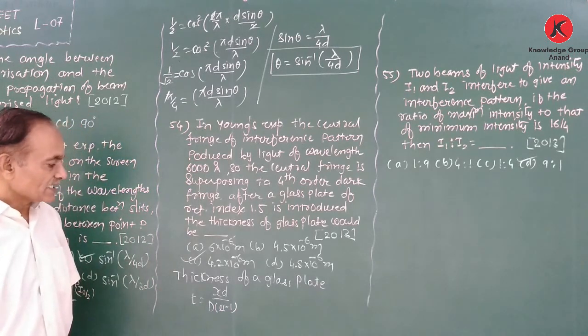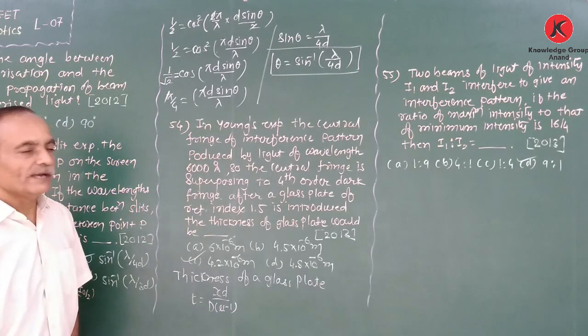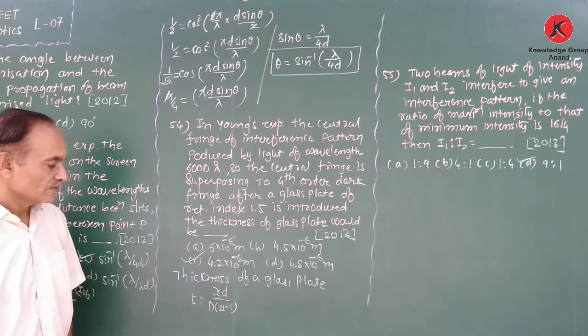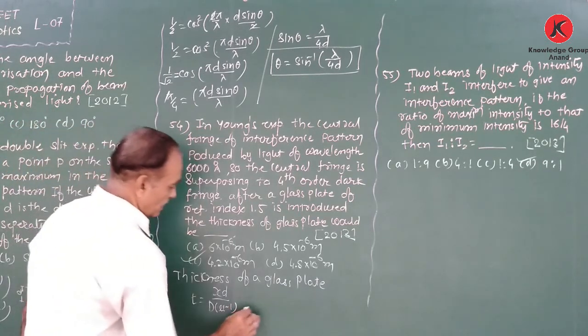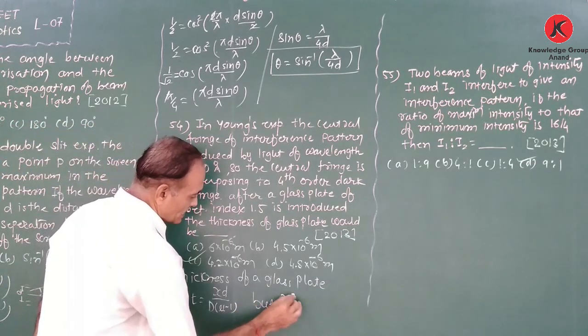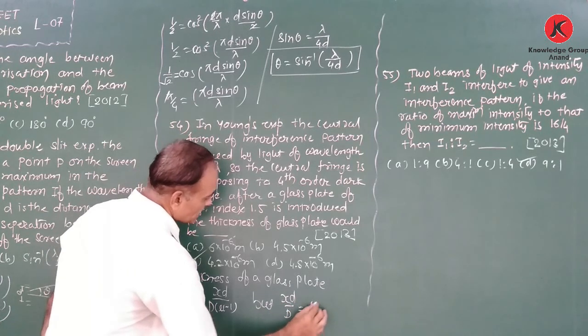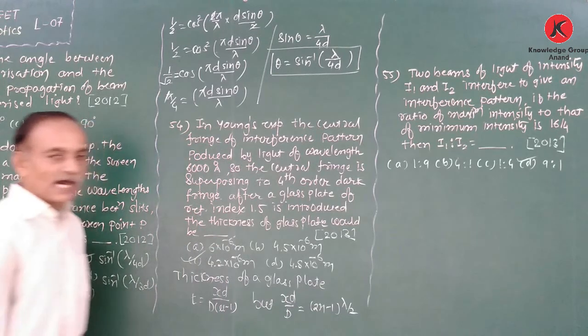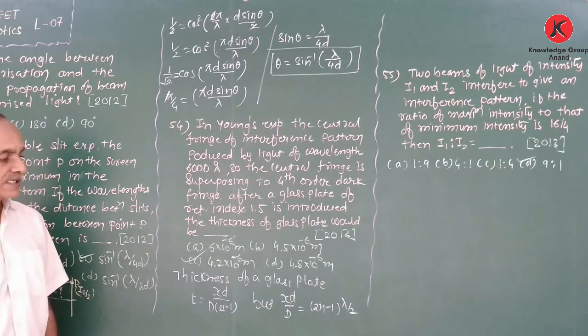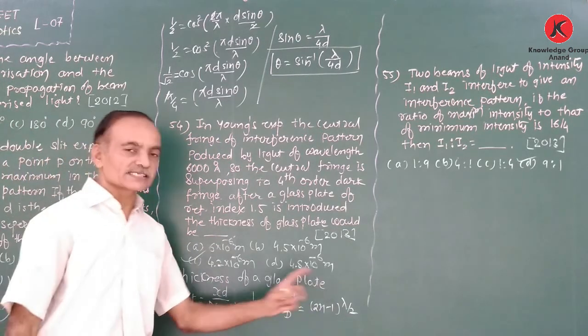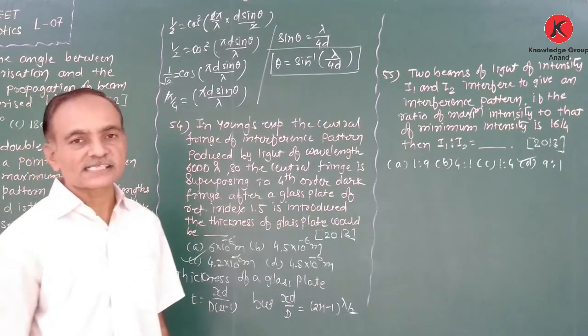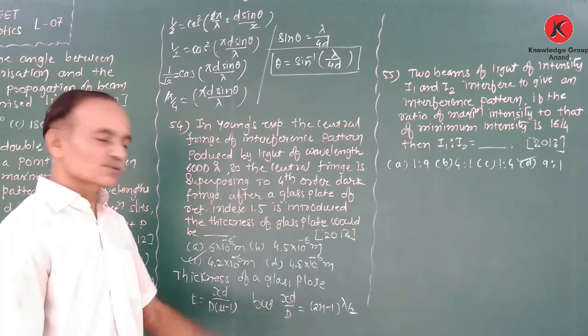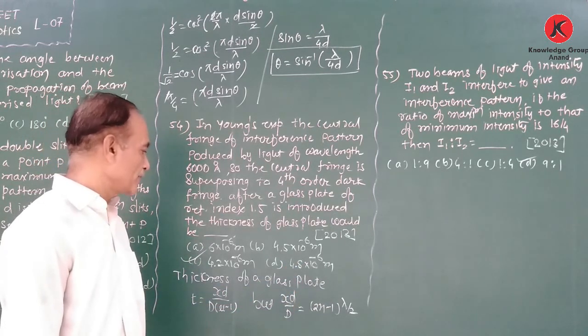Now we know that xd upon D is equal to (2n minus 1) into lambda by 2, because the dark fringe is superposed. Therefore, here we use the condition for the dark fringes, that means destructive interference, (2n minus 1) lambda by 2.